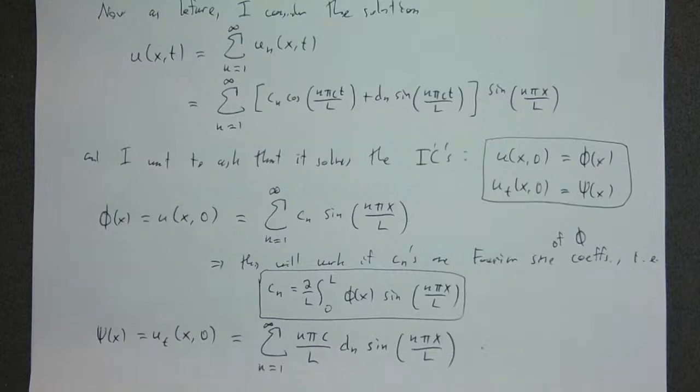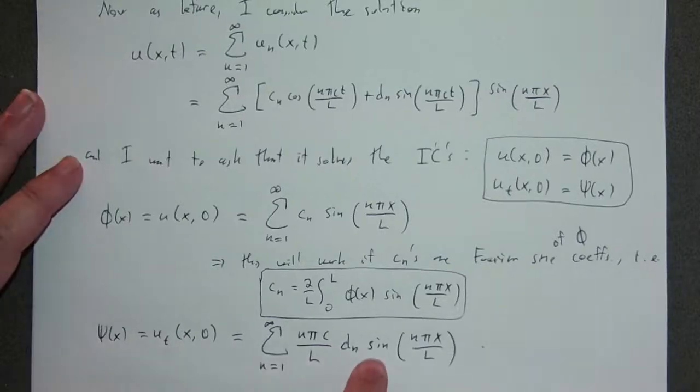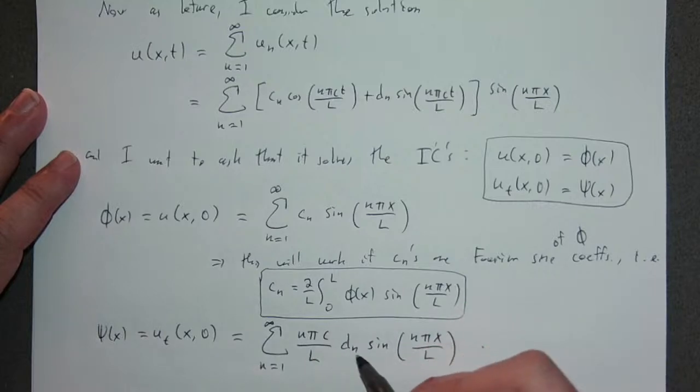Which is going to be the Fourier sine series for phi with coefficient n pi c over L d sub n.